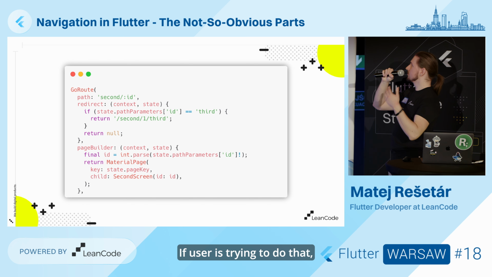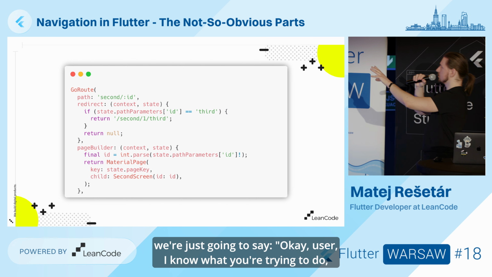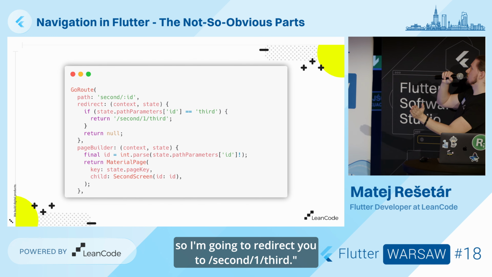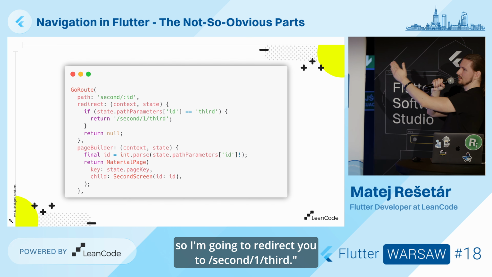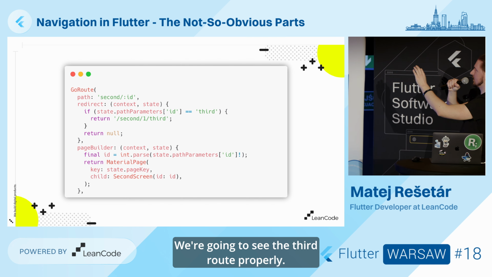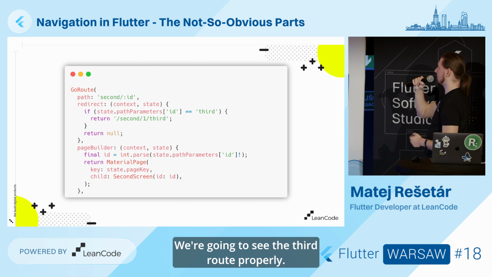If the user is trying to do that, we're just going to say, okay, I know what you're trying to do, so I'm going to redirect you to /2/1/3. So we're going to see the third route properly.